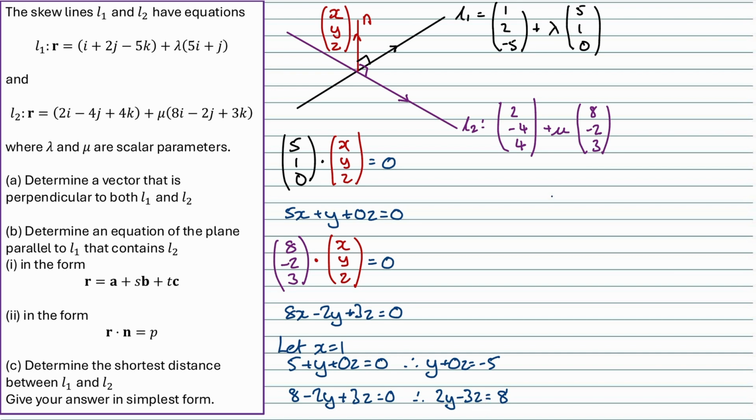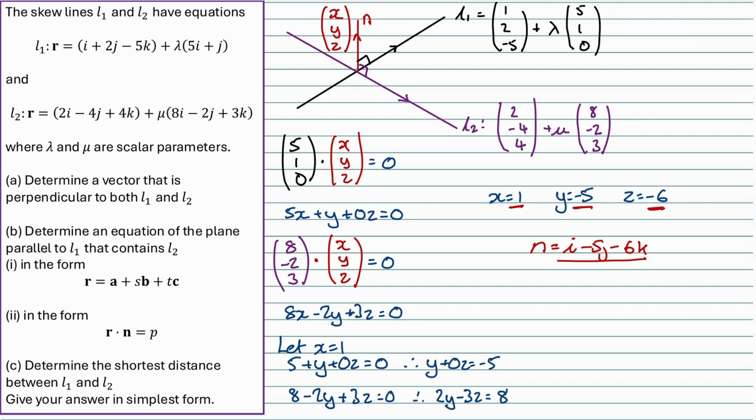And when I do this, I get y equals negative 5 and z will equal negative 6. And we know that x is positive 1. So the normal vector will be 1i minus 5j minus 6k. Okay? So that's how you work out the normal vector using the scalar product.